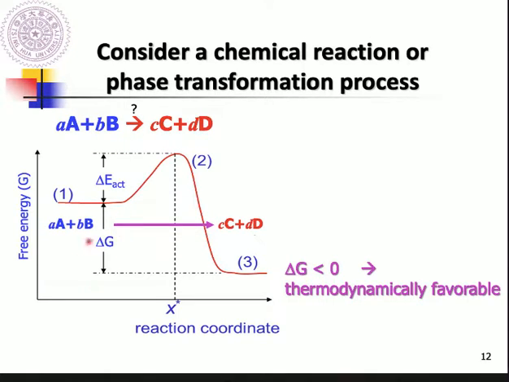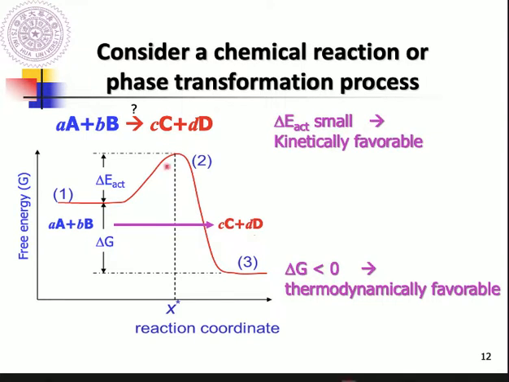But this is a driving force, right? And what's the system inertia? So what's the energy barrier or activation energy here? Because thermodynamics just tells you, yes, this chemical reaction happens. But thermodynamics didn't tell you how fast this chemical reaction is.